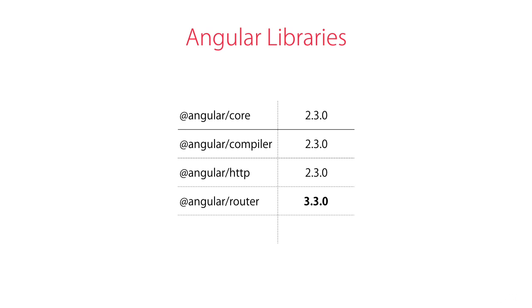Now, all these libraries were versioned the same except the router library. So in order to align these versions and avoid confusion in the future, the Angular team decided to go straight to Angular version 4. So in a sense, Angular 4 is not a major upgrade to Angular 2, and you can think of it as Angular 2.4, as simple as that.